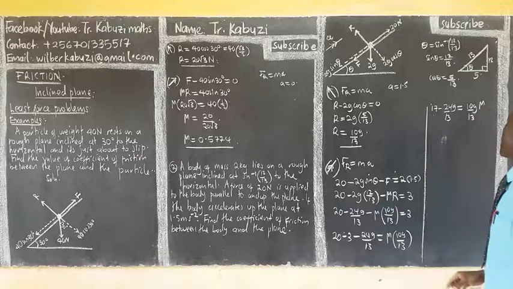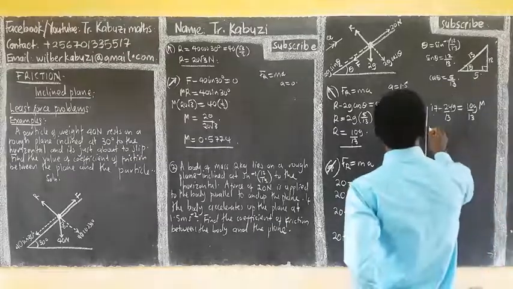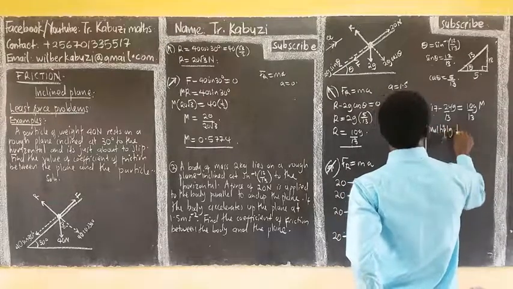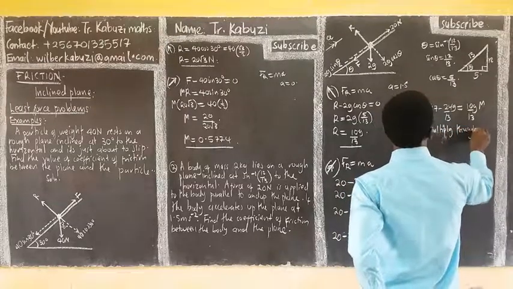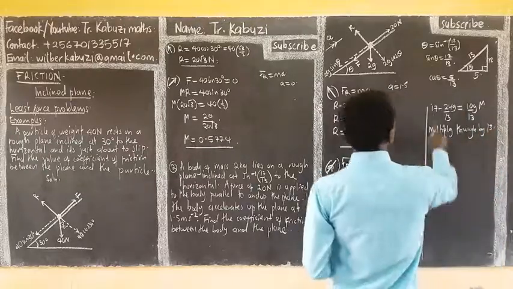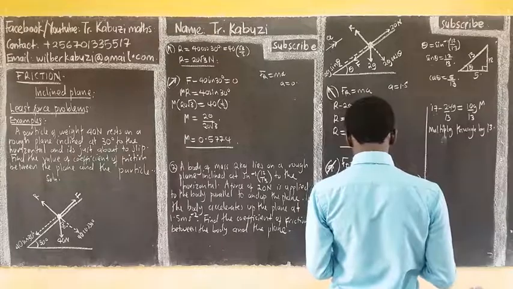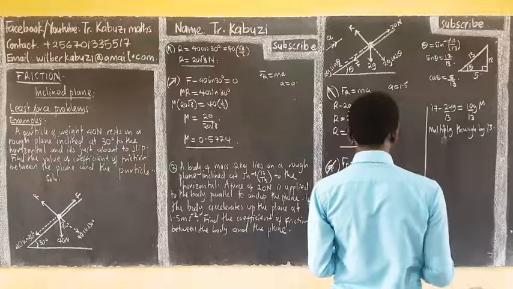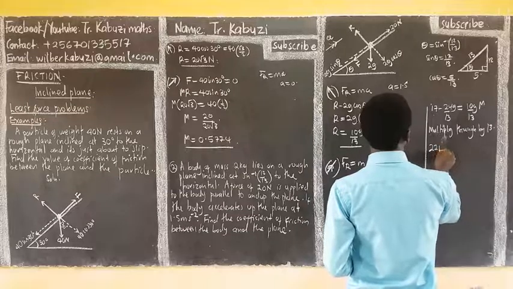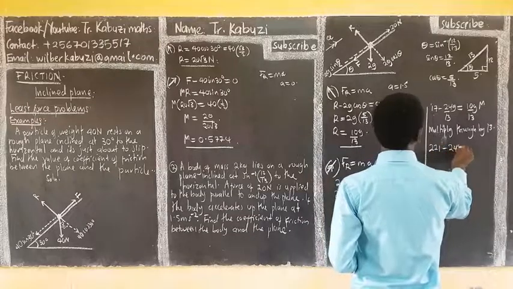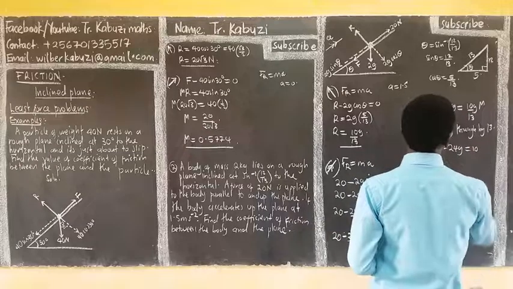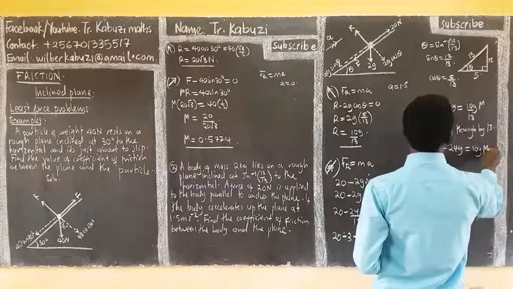So if you multiply through by 13, we have 221 minus 24g equaling 10g mu.